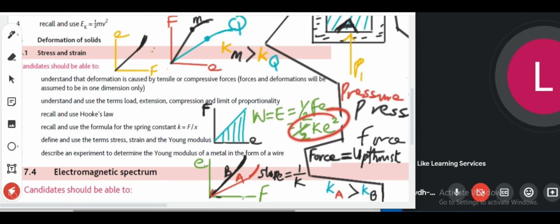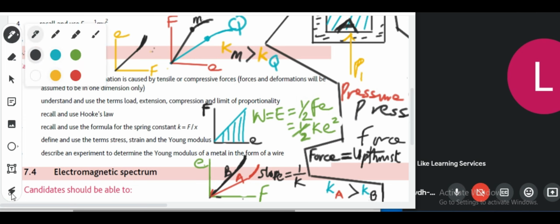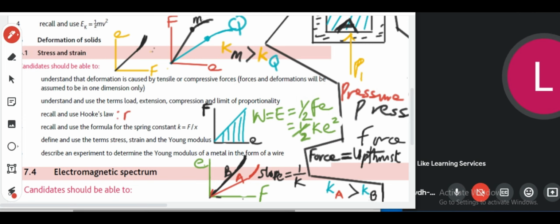Now if we take that further, we'll be able to get this equation: half Ke squared. Now how did we get that? We know that from Hooke's law, F is equal to Ke, or F equal to Kx.